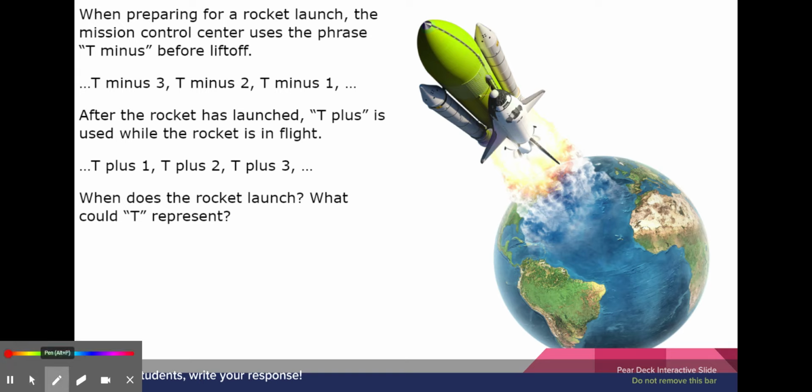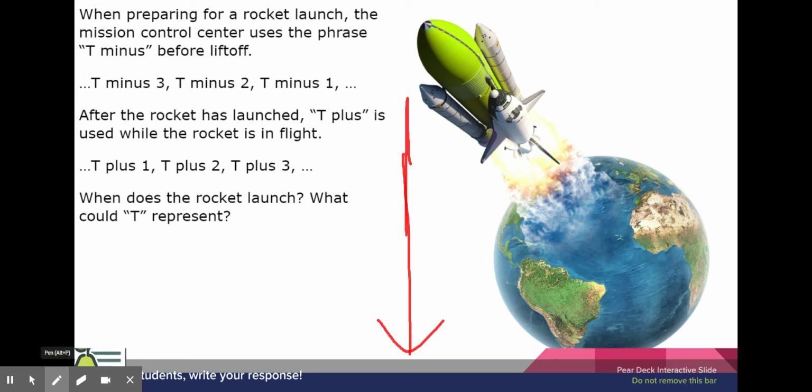So I'm gonna go ahead and draw a picture. I think that pictures during these make things a lot easier and make a lot more sense. Okay, so I'm gonna start at T minus 3. We know that's gonna be furthest down. T minus 2, T minus 1. Okay, and then we have takeoff.